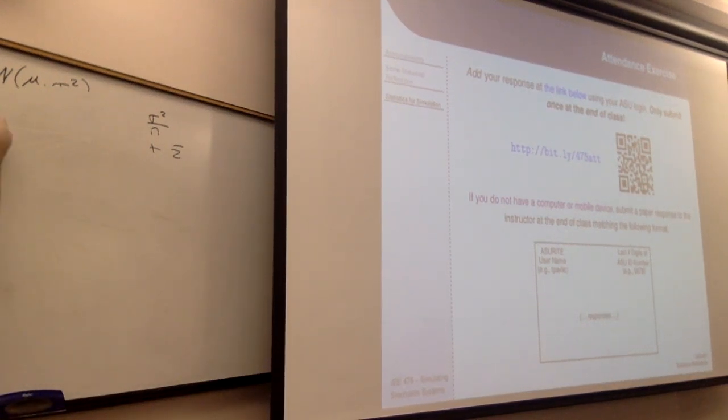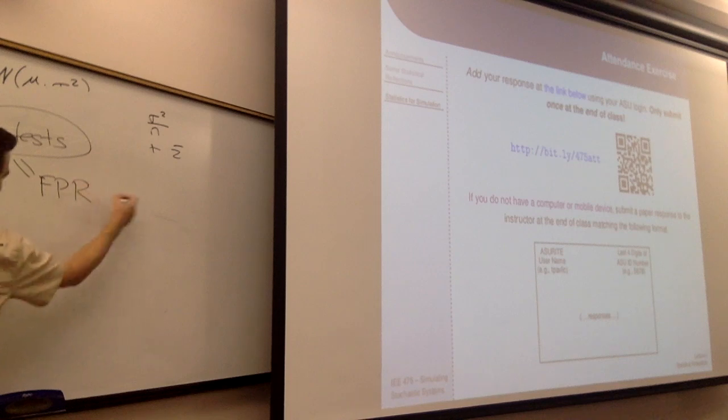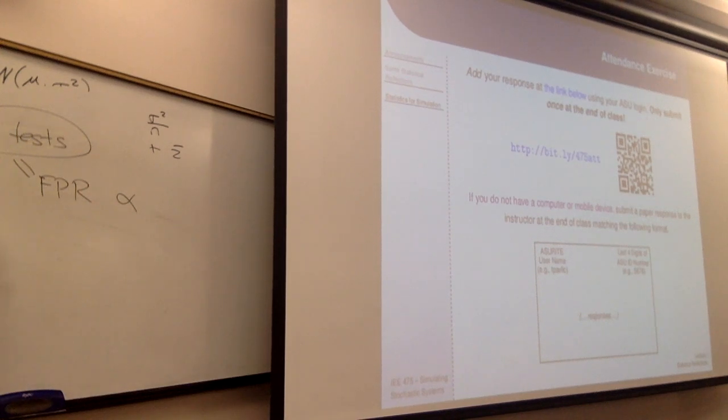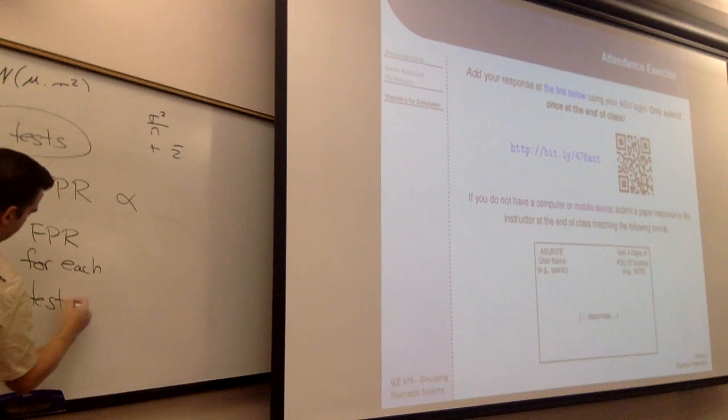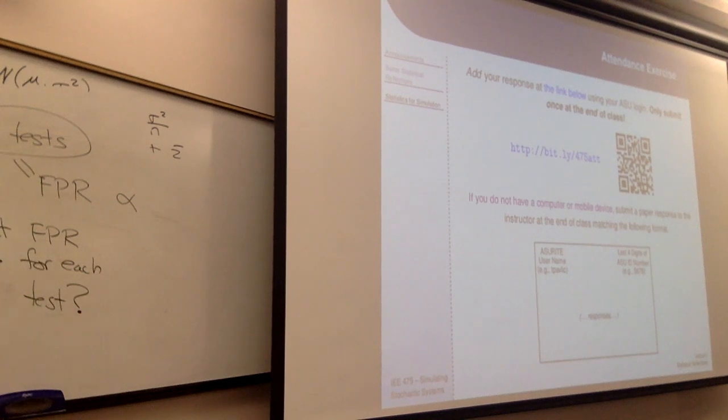So I want to do k tests that together have a false positive rate of alpha. So then what false positive rate do I use for each test? Otherwise, if I use alpha for each t-test here, then my false positive rate for the family will be much, much bigger than alpha.